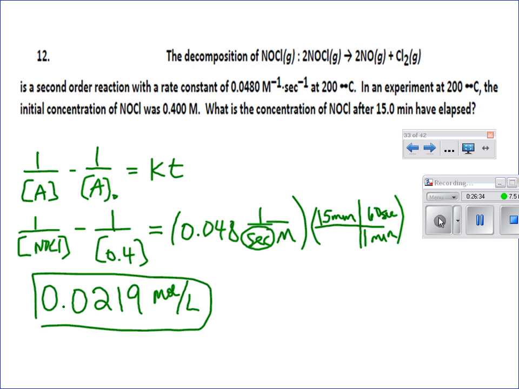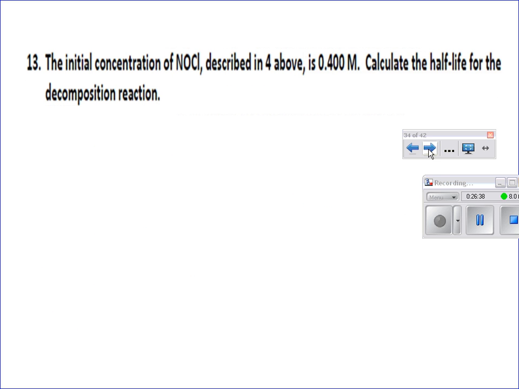One more and then we'll go on to the fun part. Graphing's my favorite. If the initial concentration of NOCl above is described as 0.4, calculate the half-life for the decomposition of this reaction. Well, here's the deal on this one. I don't want you to memorize that second order half-life, so let's just use the actual second order integrated rate law. 1 over A minus 1 over A naught is equal to KT.